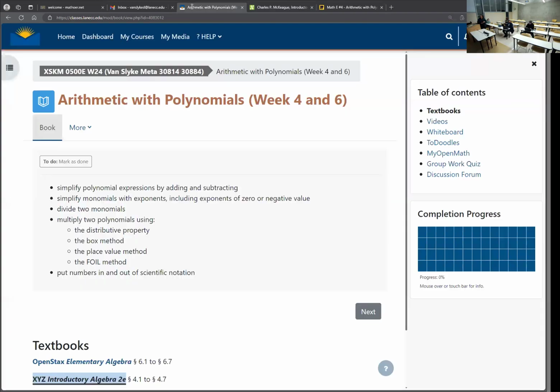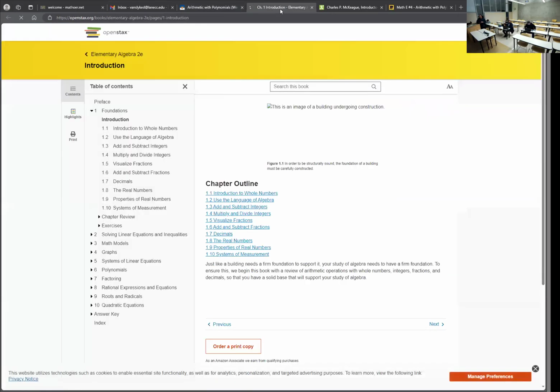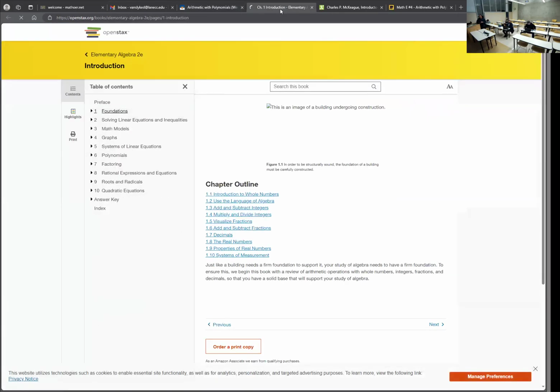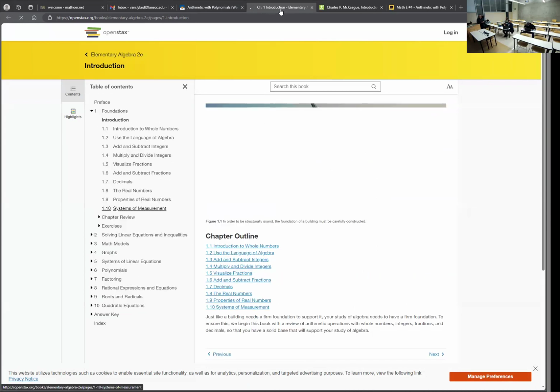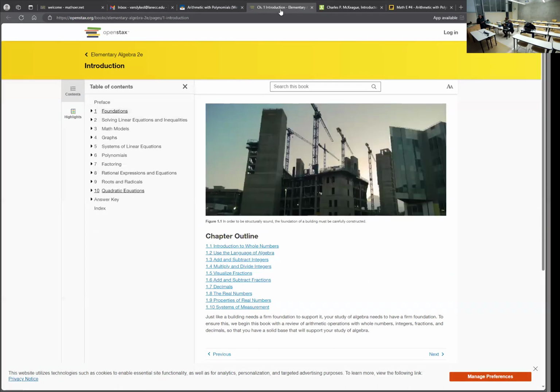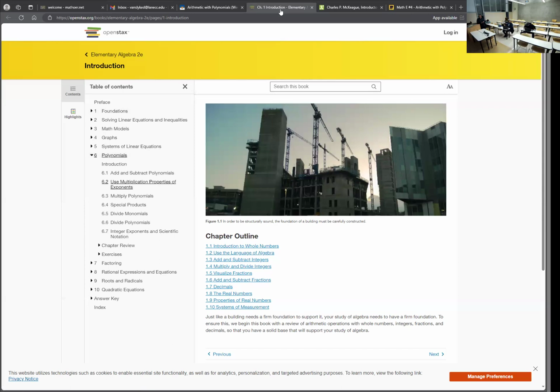And in the other book, polynomials, special products, 6.4. So it's called special products in both of them.